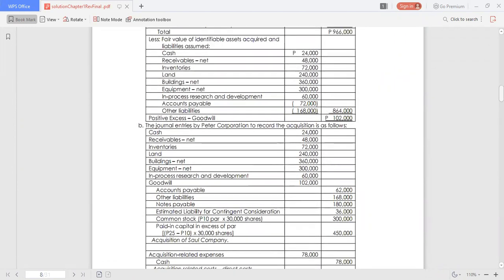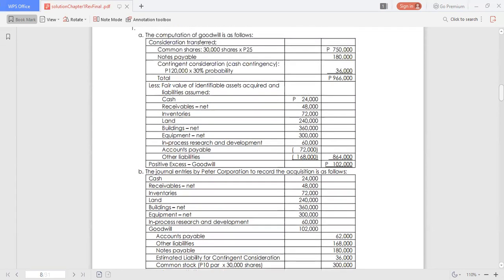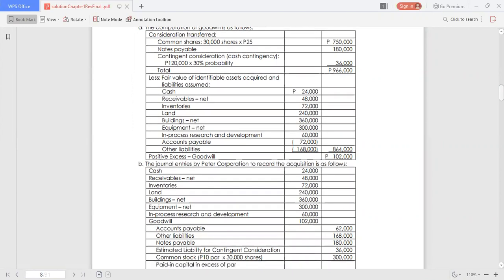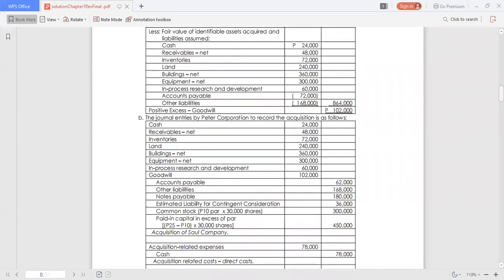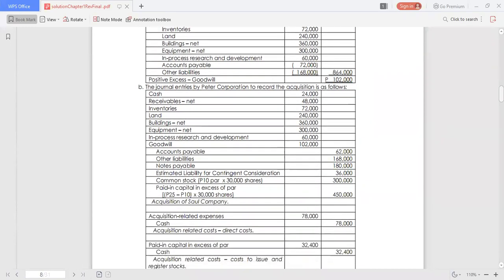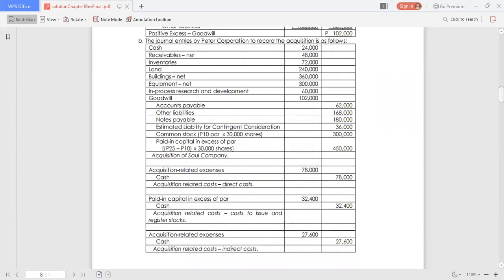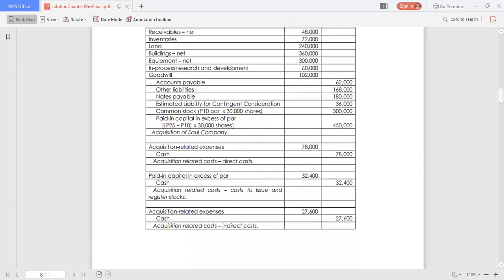So we have now cash of 24,000 from Saint. So we are adding 24,000. The initial amount of cash of Pure is 276. We are adding the 24 of Saint. So that makes a total of 300,000. That's for the additional.